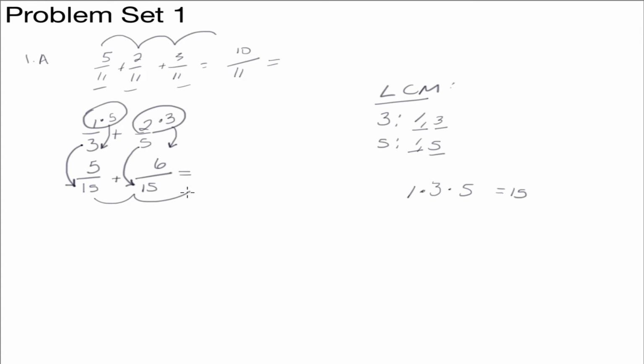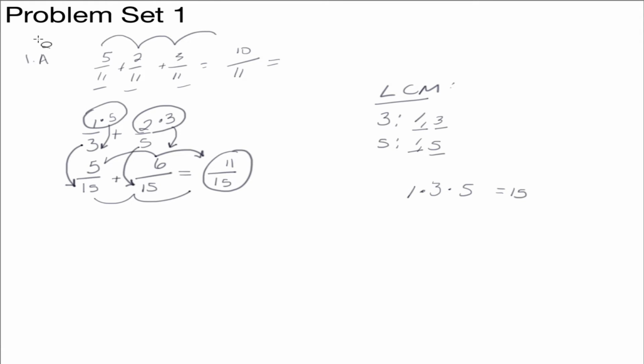So our denominator stays the same. It is 15. And our numerator, 5 plus 6, is 11. Now we cannot reduce that fraction, so that is our lowest term that we can present that answer in.